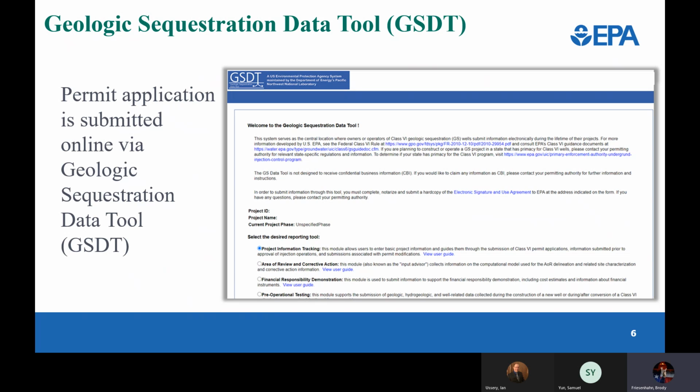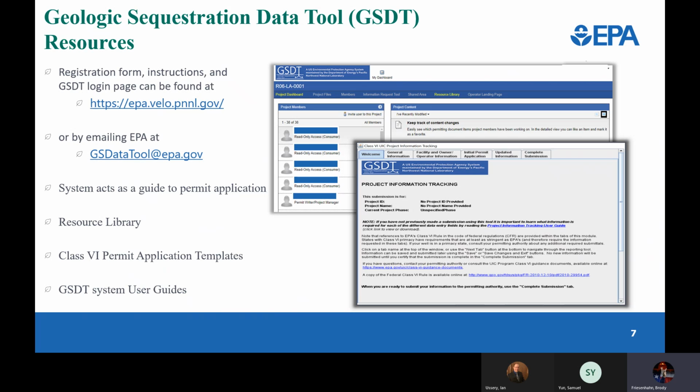The Geologic Sequestration Data Tool, or GSDT, is where the actual permit application is going to be submitted. Over here to the right, you see the welcome to the GSDT. This is where applicants will go to submit their applications for a Class 6 well, and this tool was developed by headquarters.